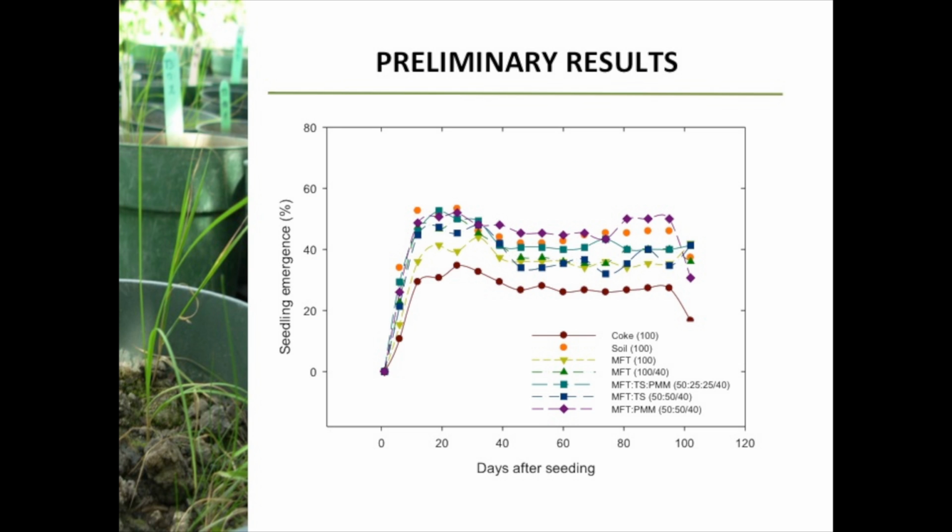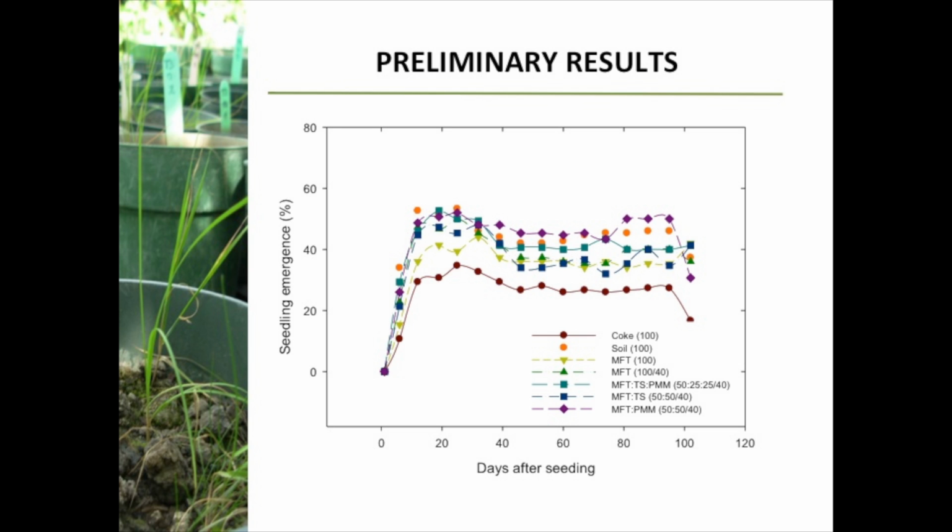Some of the results that we show now is that here we have the seedling emergence on the y-axis, and on the x-axis the days after seeding. So this is the time. And so in red here we have the 100% coke treatment, and this was the 100% MFT treatment.